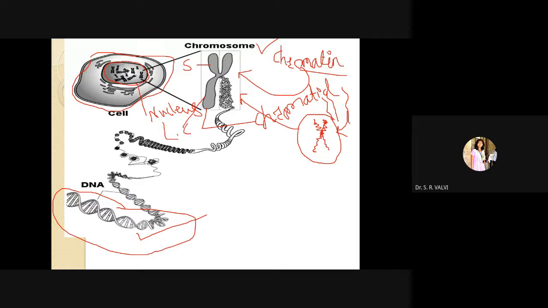I will write here SC and LC, right? Short chromatid, which is short, and here this is the long chromatid. So likewise there are two pairs of these chromatids, right? The upper ones are short in length and the lower ones are long in length, right?